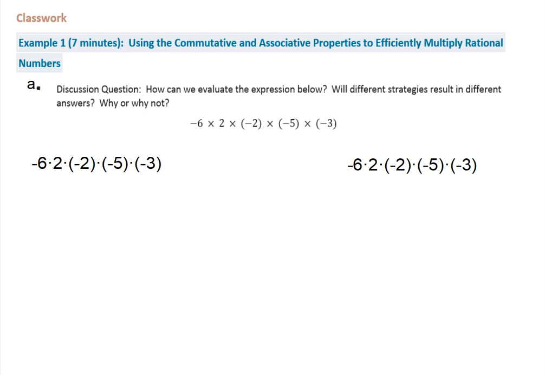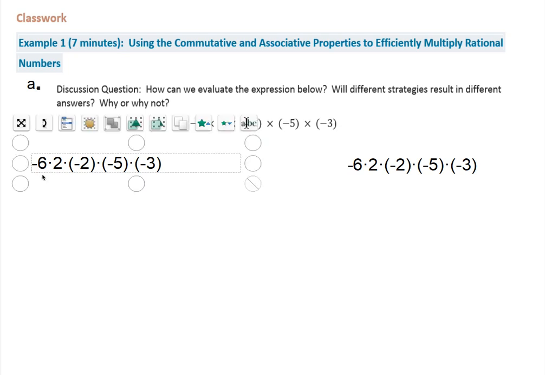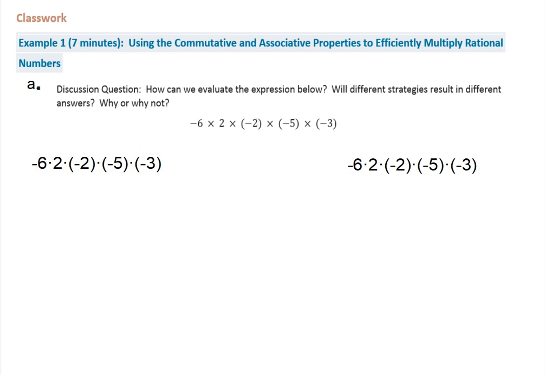The first one, ready? I'm just going to go right here in order using the associative property. So I'm just going to multiply the first two. So negative 6 times 2 is negative 12. And then I'm just going to write down the rest of it.